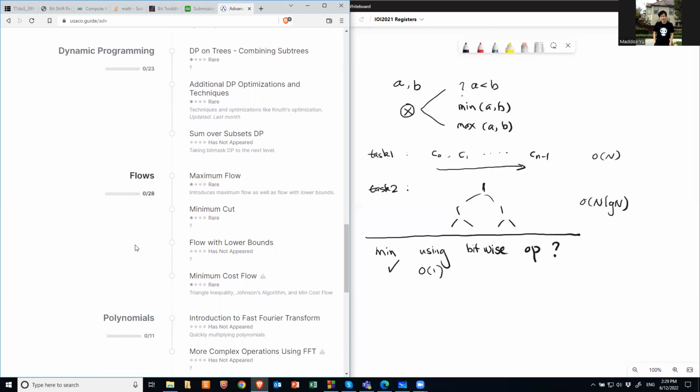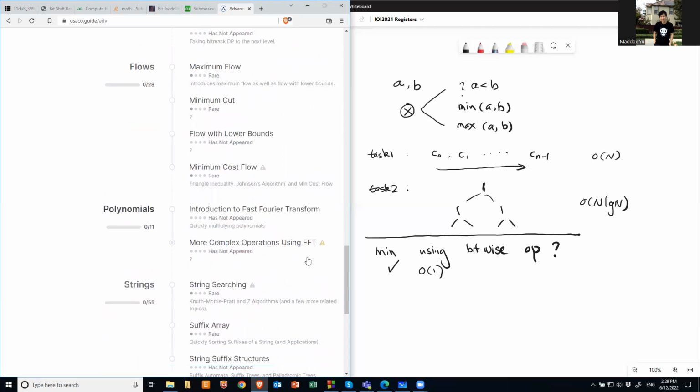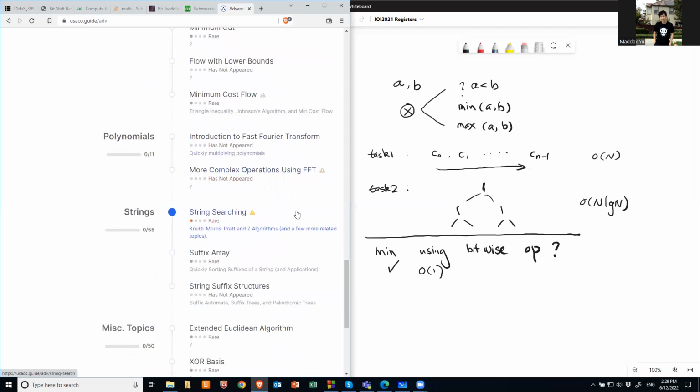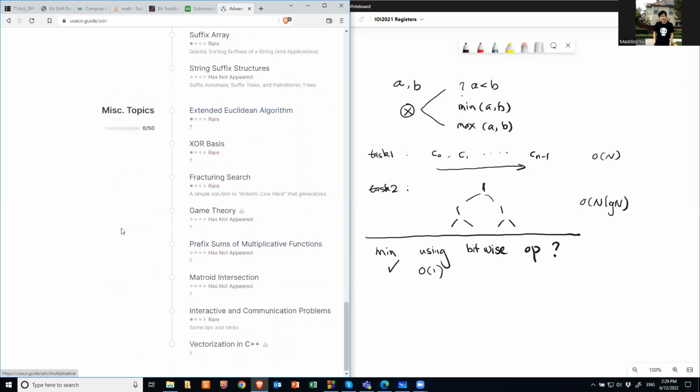I don't think flow is above the IOI requirement either. I don't really remember us using flow to solve any problems, but it's just nice to have. Then the Fourier transformation. This is very useful. The fast Fourier transformation is very useful. And then a bunch of bitwise operations.